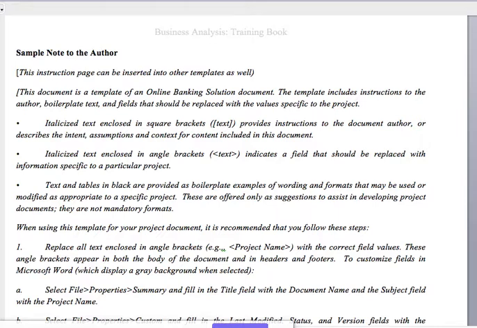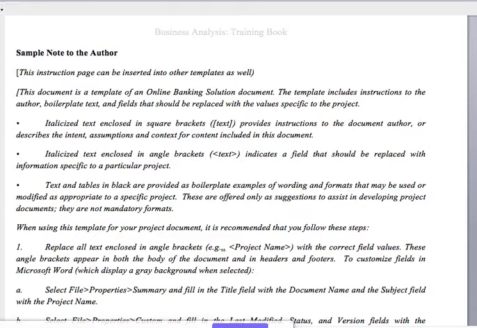When they create these templates, they also add instructions to the user, so when you use them you have to follow the instructions on how to write and complete the template.